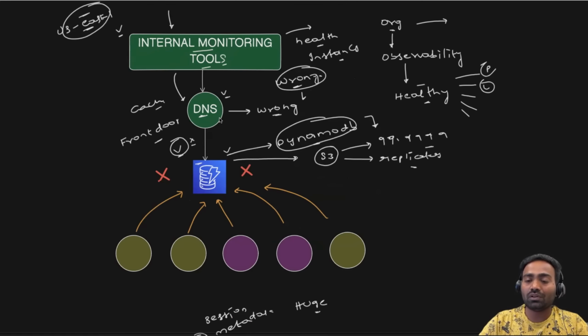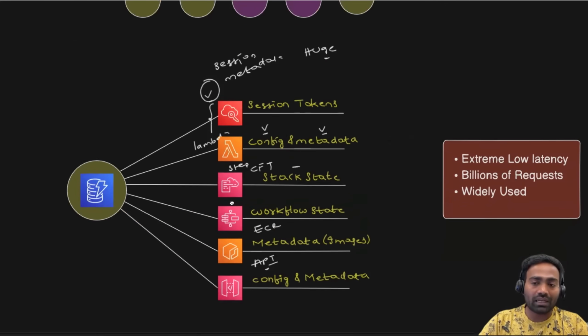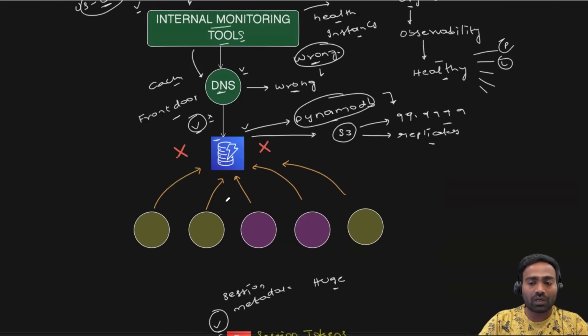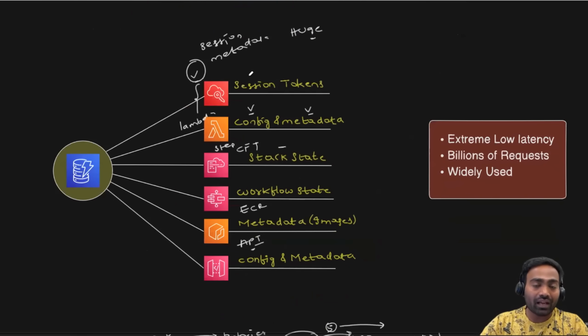Services that are trying to talk to DynamoDB, again, it can be EC2, it can be Lambda, were not able to connect to DynamoDB because the DNS was not aware that DynamoDB is up and running or the instances are up and running. So this led to downtime of DynamoDB, which indirectly impacted most of the AWS services.